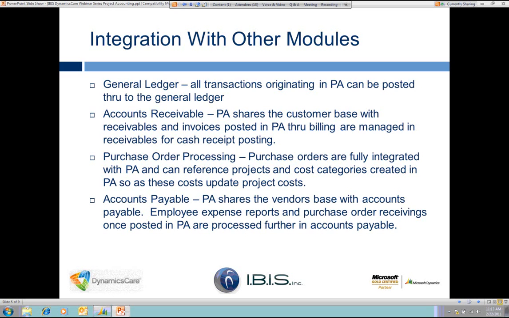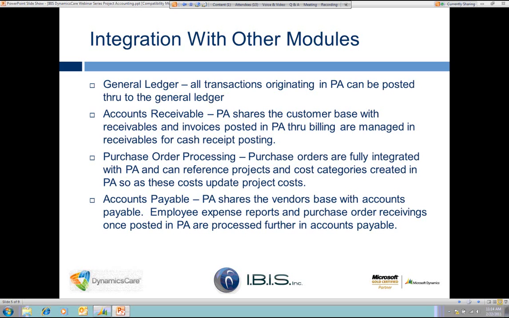Accounts receivable. Project accounting shares the customers that are originally set up in accounts receivable, so that when I create a project and I create a contract, I always link it to a customer, so that when I'm doing my billing within project accounting, as I post that invoice into project accounting, not only is my revenue updated in project accounting, but now that invoice that has been posted moves over into accounts receivable, to be managed there.